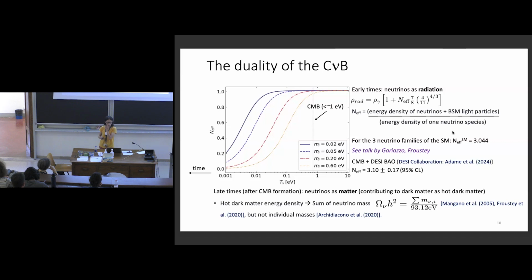So bear in mind that in the remainder of the talk, some people might say neutrino mass, but what I mean is always the sum of the neutrino masses, because cosmology is not sensitive to the individual neutrino masses, okay?